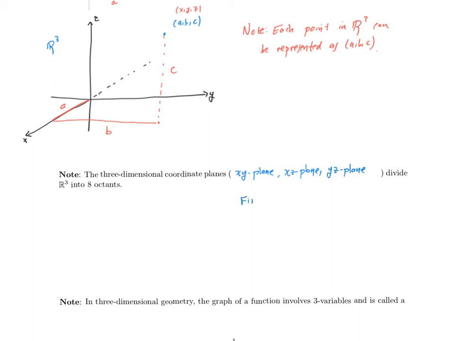We will oftentimes restrict ourselves to work in the first octant, mainly for convenience, where we think of x, y, and z as all being strictly non-negative. And if we wanted to draw a picture of what that looks like, the first octant just does not include the negative axes. So we think positive x, positive y, positive z.